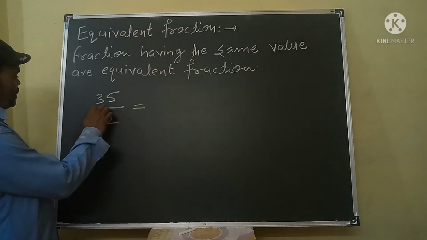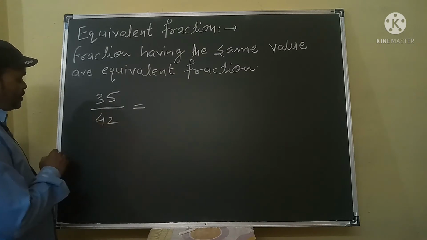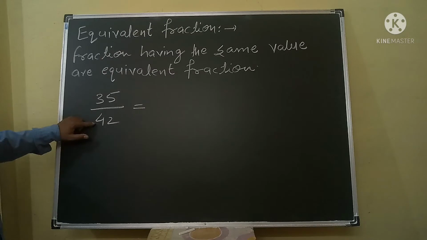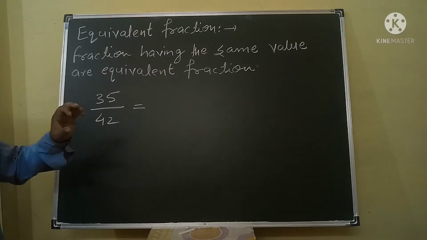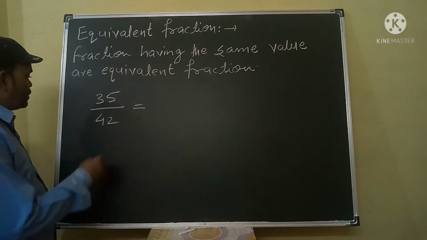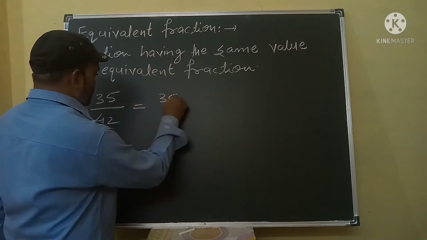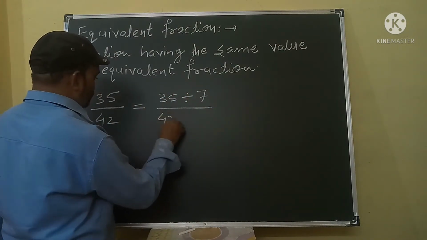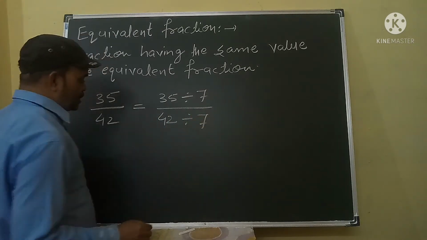Now look here, this is 35 and this is 42. You know very well 35 and 42 are divisible by 7.